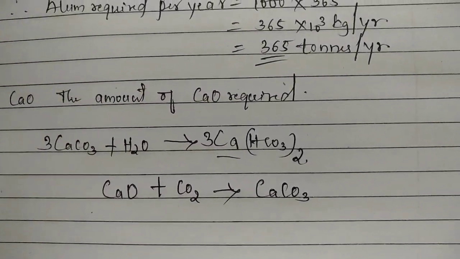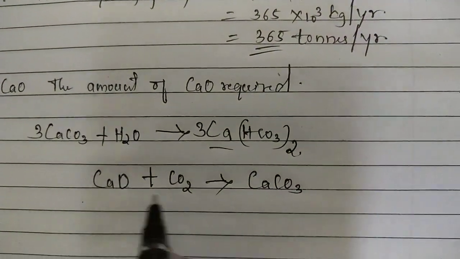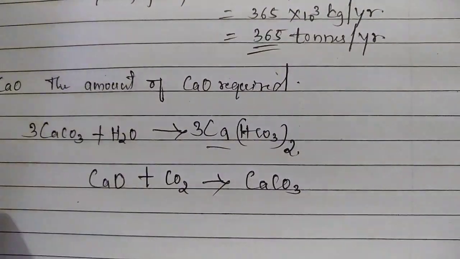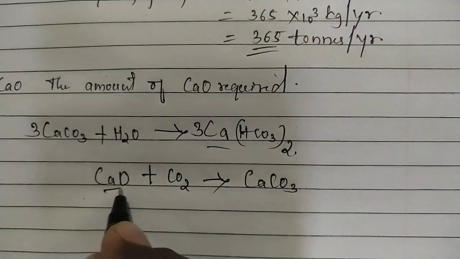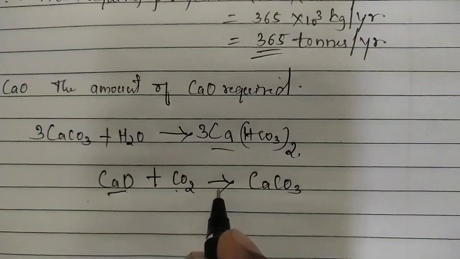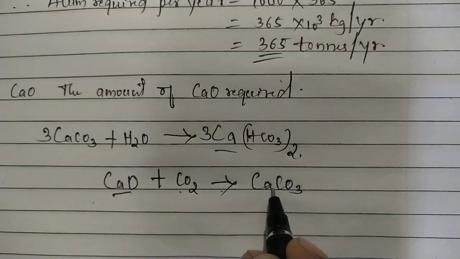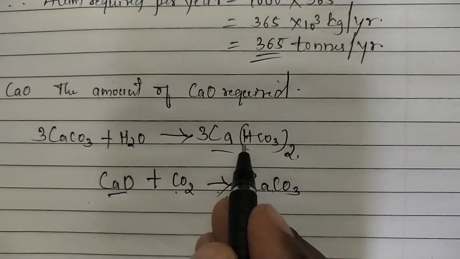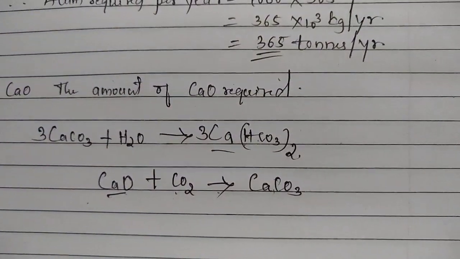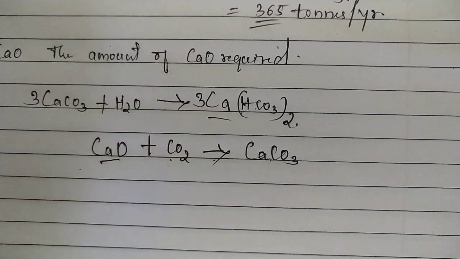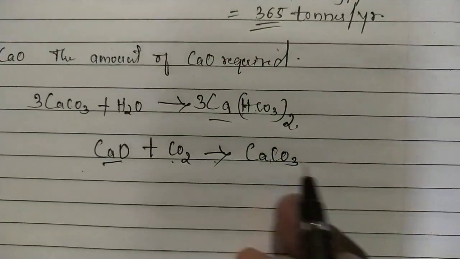Okay, so this is the chain reaction that happens when you add alum to the water sample. This calcium oxide reacts with the carbon dioxide present in the water sample and forms calcium carbonate, and this reacts with water and forms the bicarbonate of calcium, and that reacts with the alum. So this is the theory of the coagulant, that is alum, when it reacts with the water.